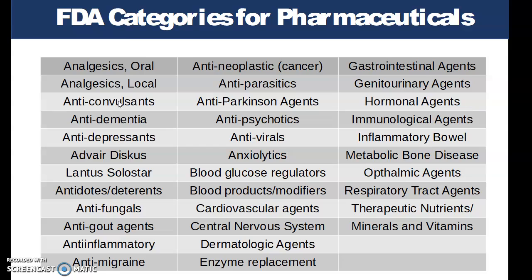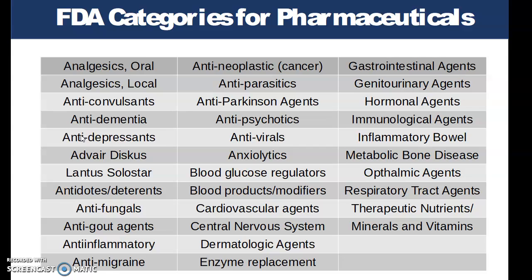Anticonvulsants. These are calcium channel modifying agents, the glutamate reducing agents, the sodium channel inhibitors, things to essentially control epilepsy, right? Antidementia is the next one, and there's a couple of cholinesterase inhibitors and glutamate pathway modifiers. This is a fairly new group. It takes a lot of effort to develop something in this particular area.